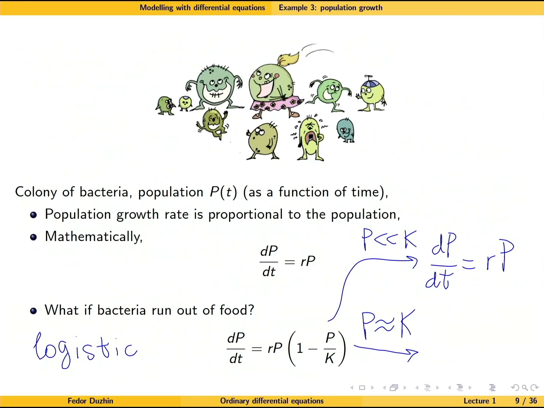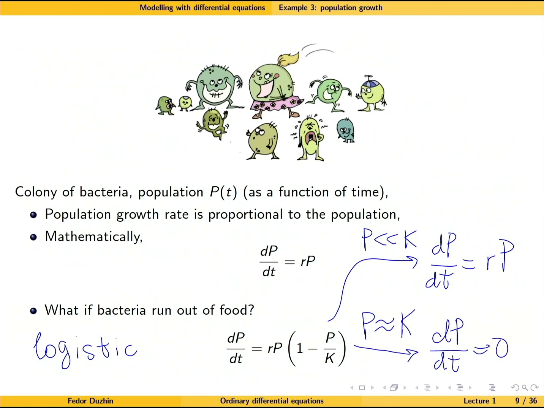When P is approximately equal to K, then P over K becomes 1. And then in the right-hand side, we have 1 minus 1, which is 0. So then our differential equation, when P equals K, becomes dP/dt equals 0.